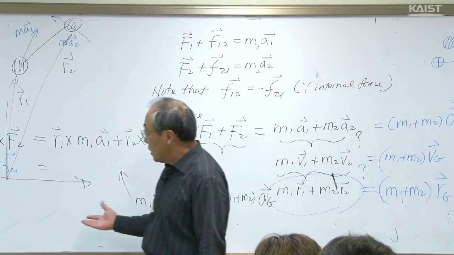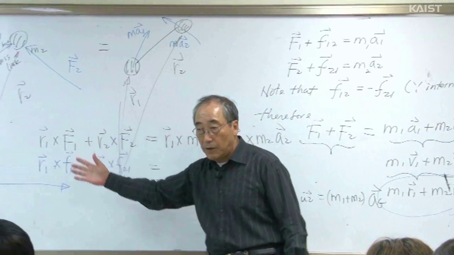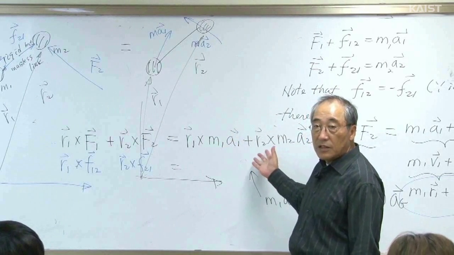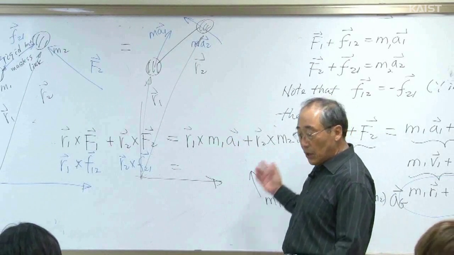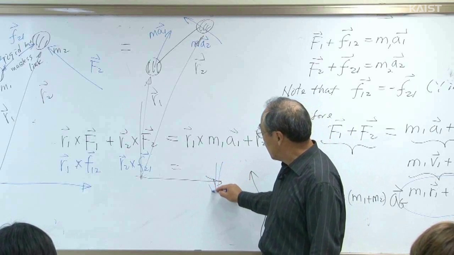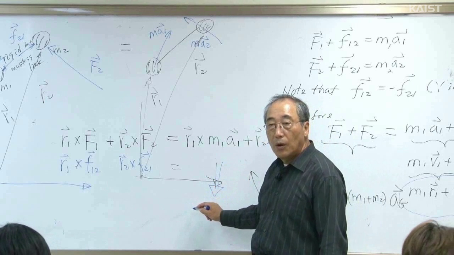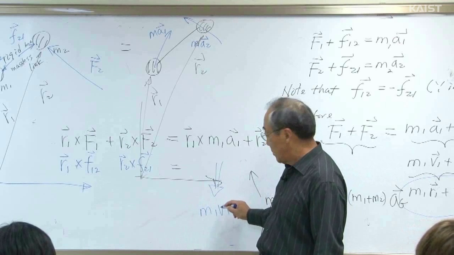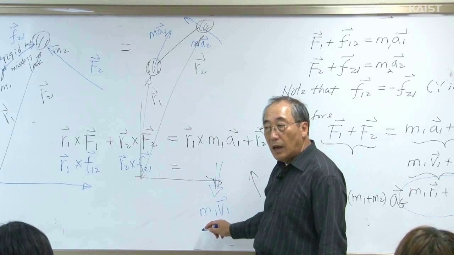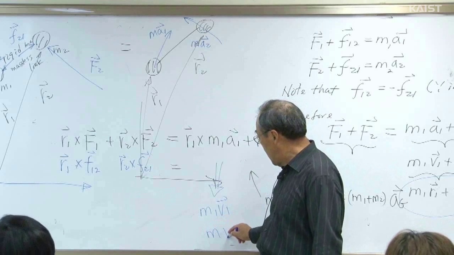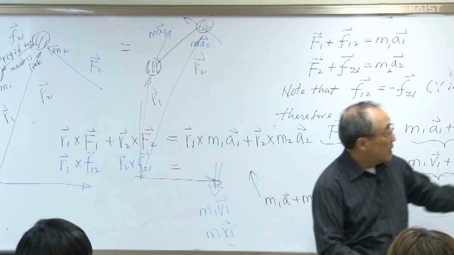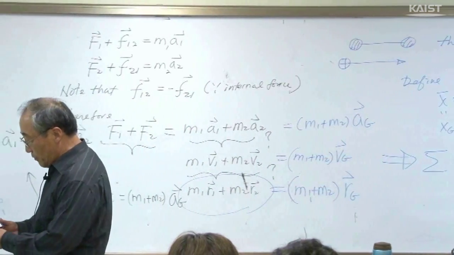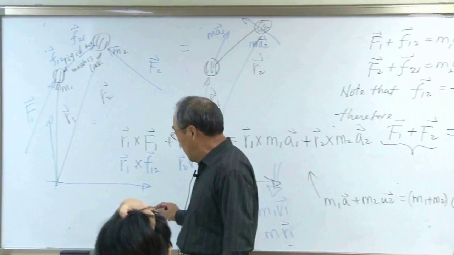Then how do we investigate the property of this moment expression? This is the acceleration expression. Therefore, we move to, as we did before, momentum expression and displacement expression as I did before. And we will come up with a very interesting result.